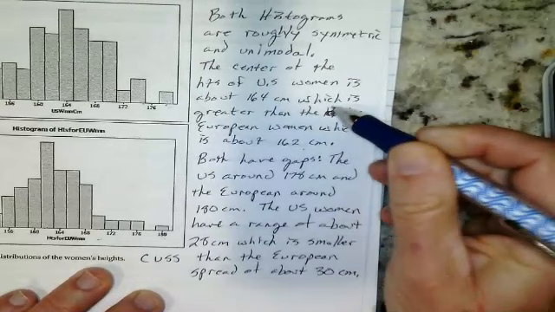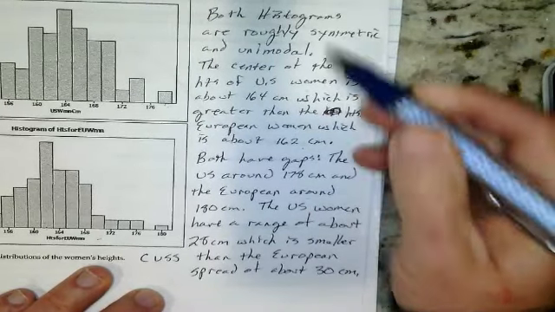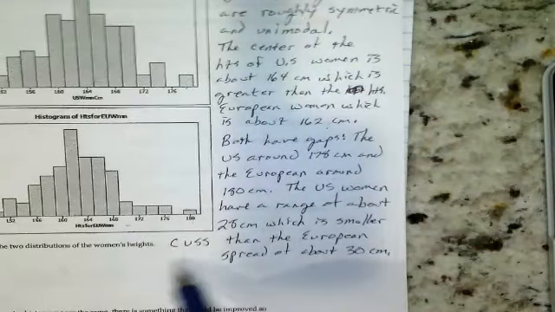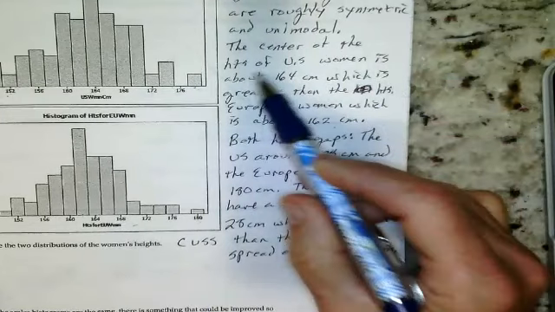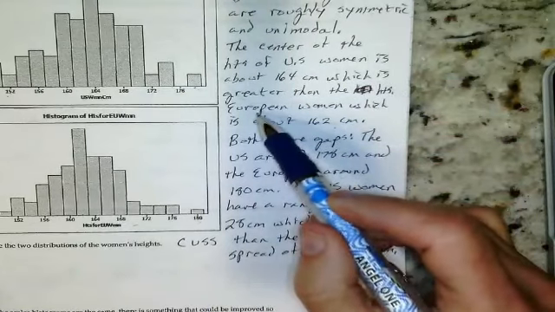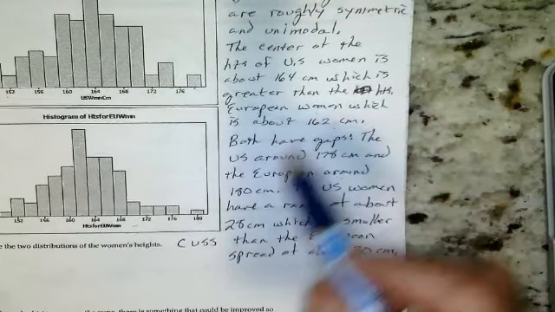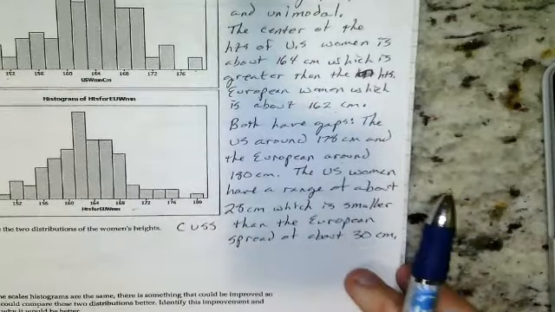Okay, so center, unusual, shape, and spread. Don't always have to follow that. And I use context. The heights of the US women, the heights of the European women. You have to talk about what it's talking about.